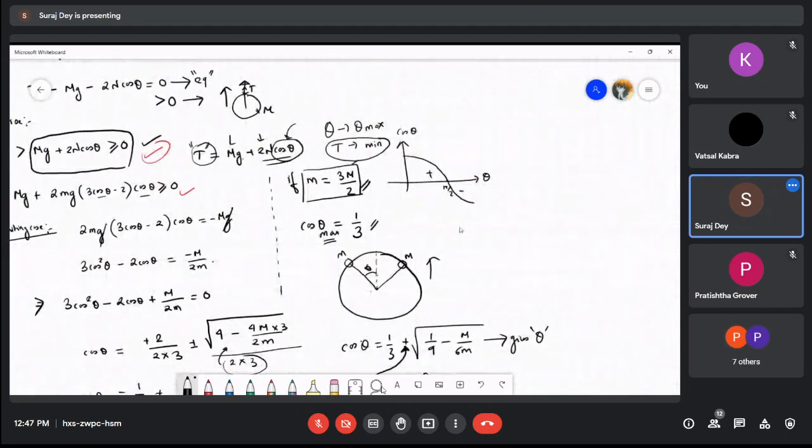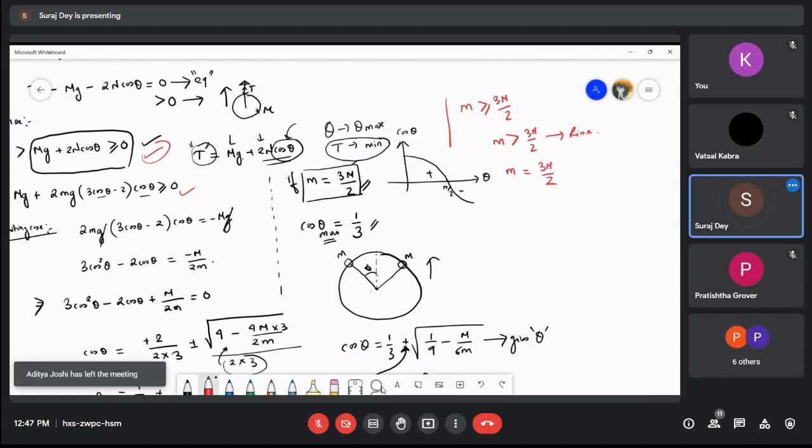So we first obtain the condition that if the ring has to rise, then this much has to be true. If this is greater than 3m by 2, then the ring will definitely rise. So the limiting case is when m is exactly equal to 3m by 2, right?